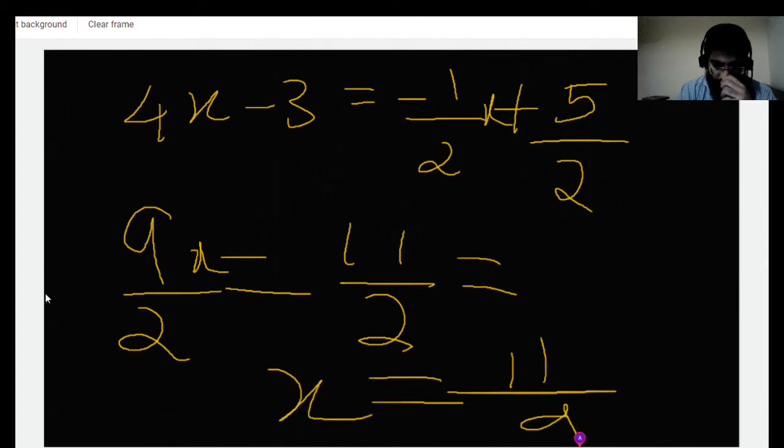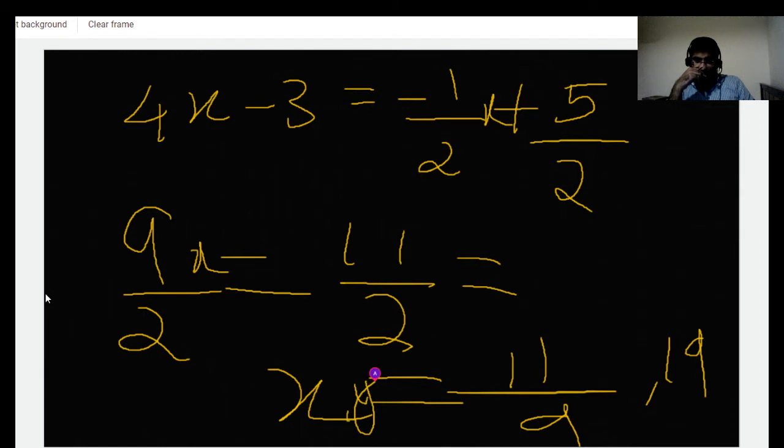Correct. Inside 4x you put 11 by 9 and minus 3.